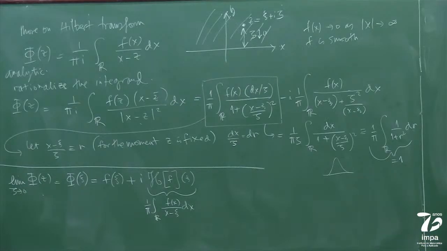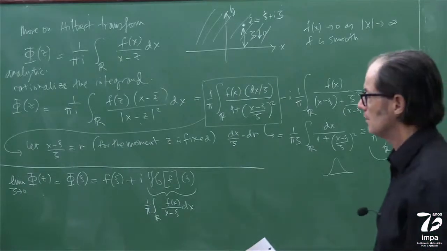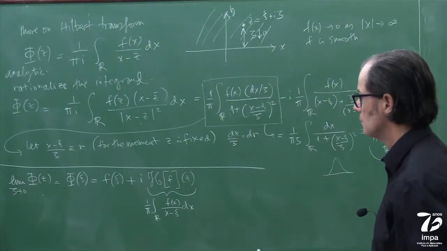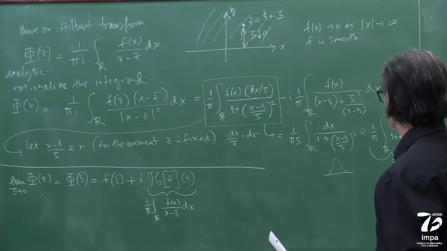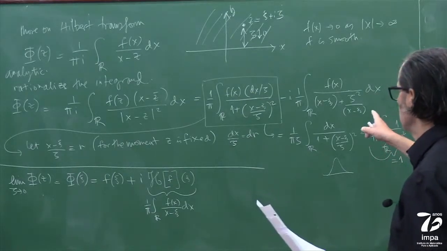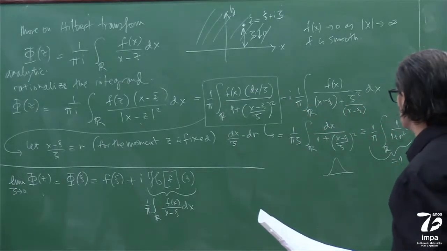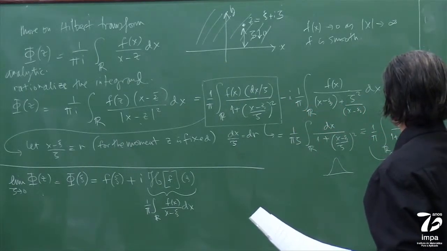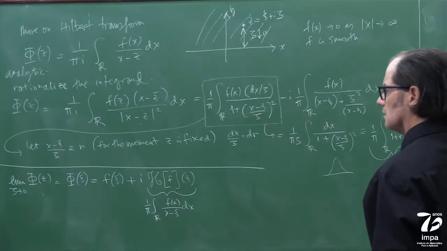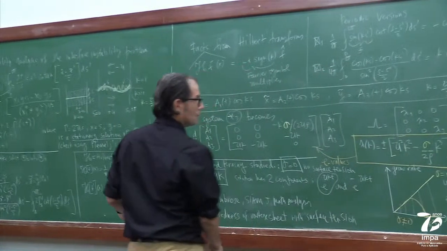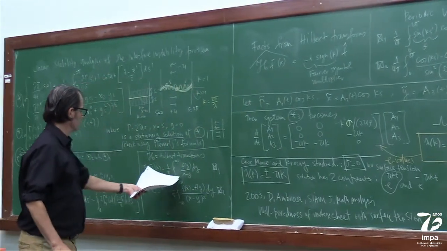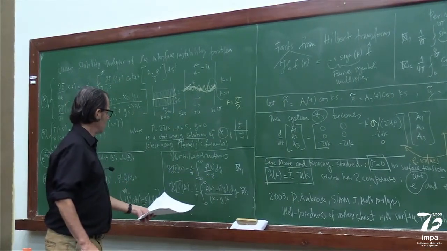Where? No, but why is xi playing the role of x? Well, let me see. Oh no, of x. So here, x minus y.